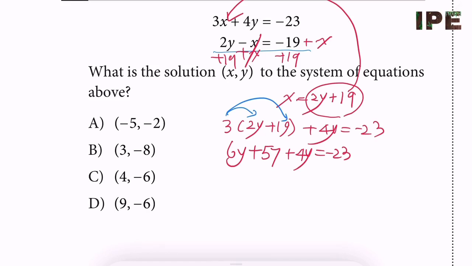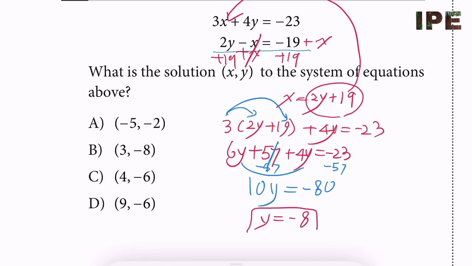We have like terms, which are 6y and 4y. Combine those two terms, which is 10y. 10y, and then subtract 57 from both sides. It will be canceled out, and then negative 80. So y equals negative 8.